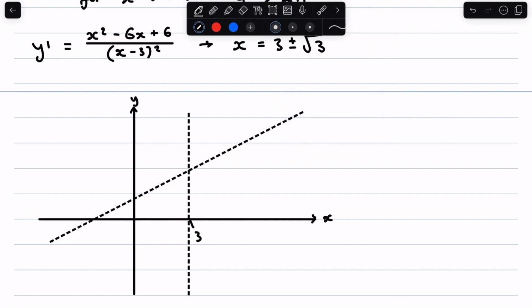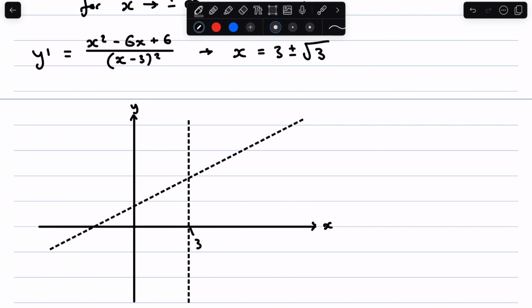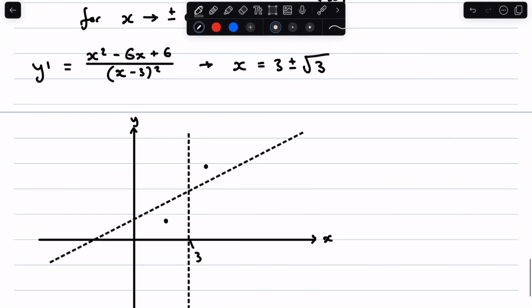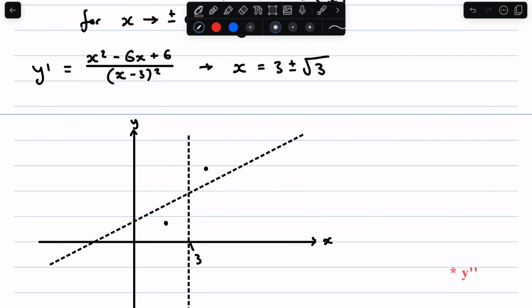And then from here, we also know where the stationary points are, there's one at 3 minus root 3, so around here, and then 3 plus root 3 around here. And then, as I was saying, we don't really need to find y double dot, as it's quite obvious that this one above must be a minimum, and this one below must be a maximum.